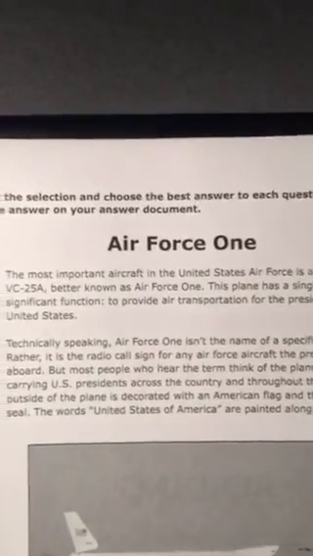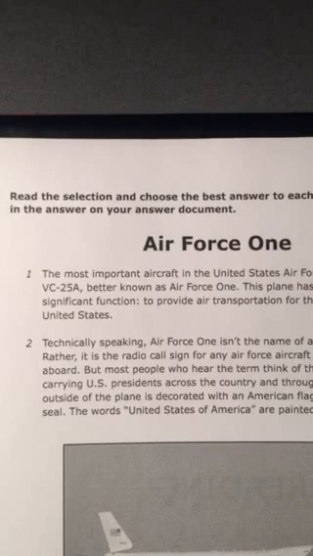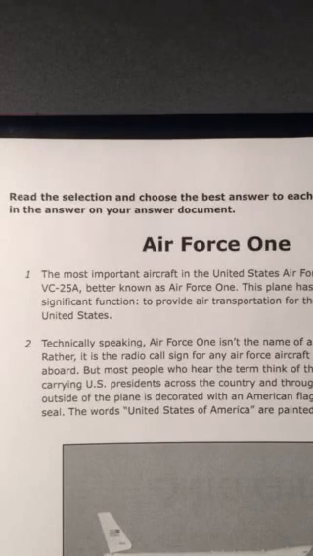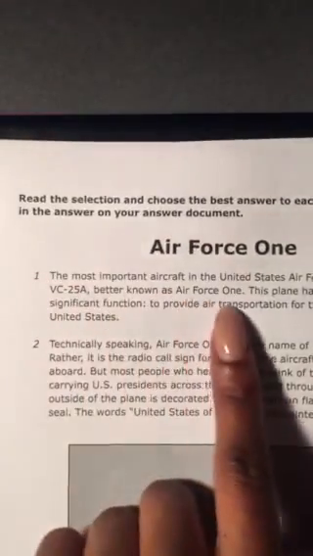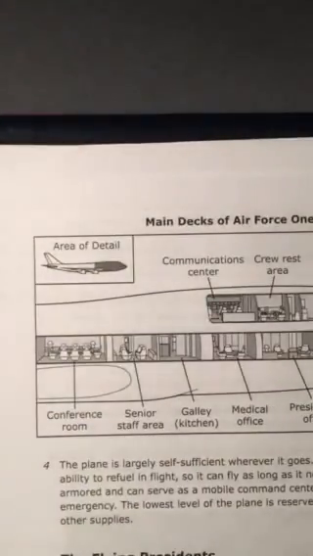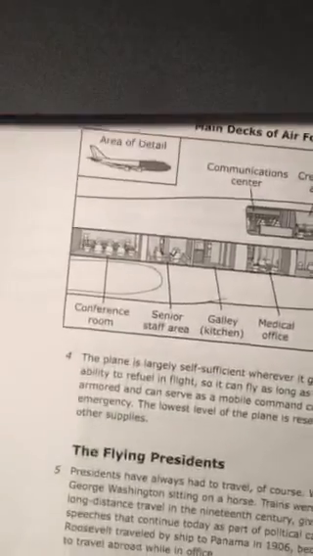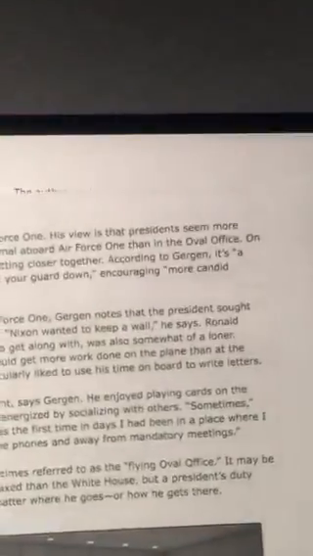Now the first text that we were reading for the mock STAR was called Air Force One. So when I look at a text, I skim through it, meaning that I look over it really quickly. I see the most important aircraft in the United States, technically speaking, flying presidents, then this part says revealing character, there's a picture right there.